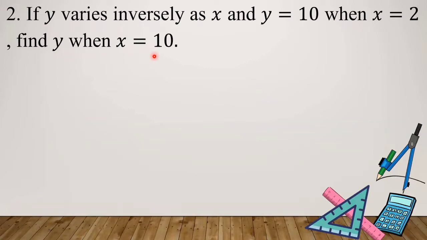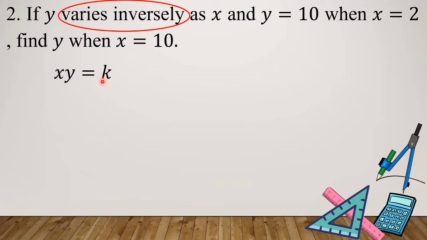As we can see, class, that is "varies inversely," meaning this is an example of inverse variation. Then set the relation and find the constant of variation k. So the equation of variation is xy is equal to k.